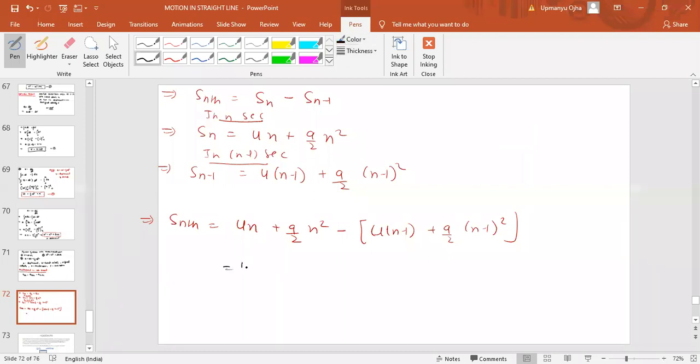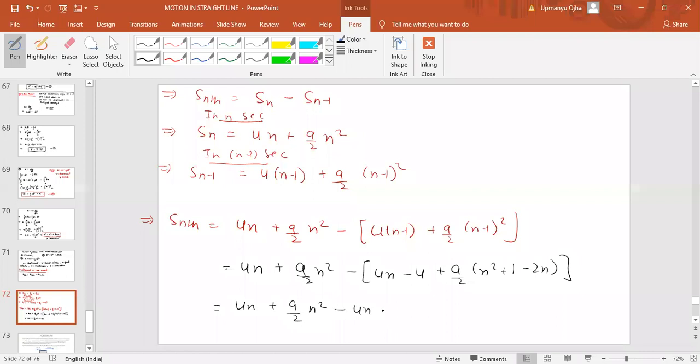If you open this bracket, it would be un minus un plus u, plus a by 2 n square minus a by 2 n square, plus a by 2 minus an.